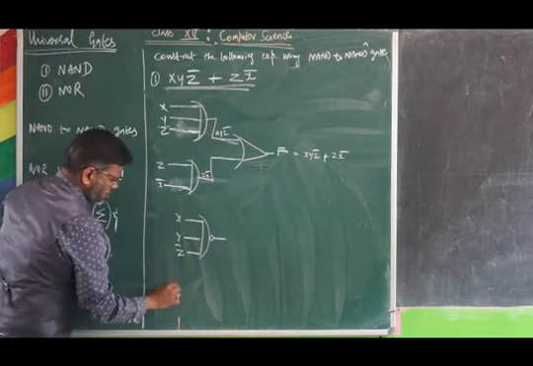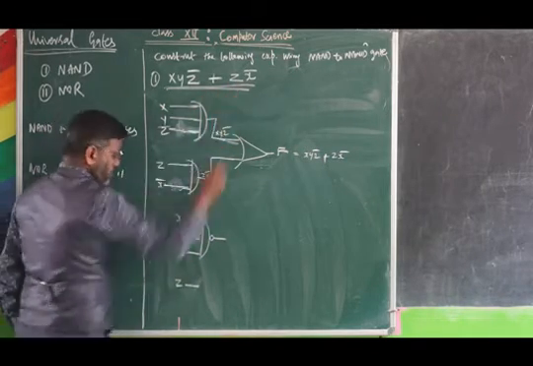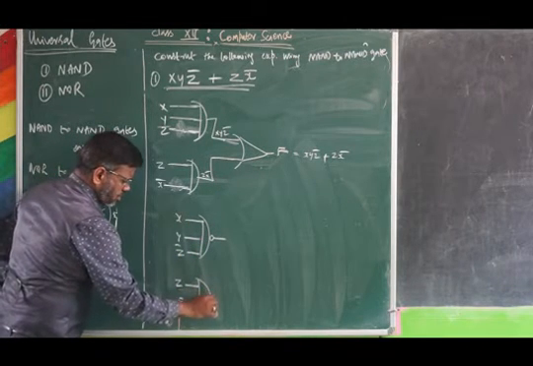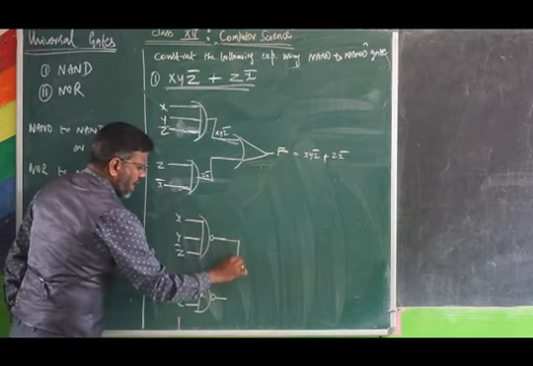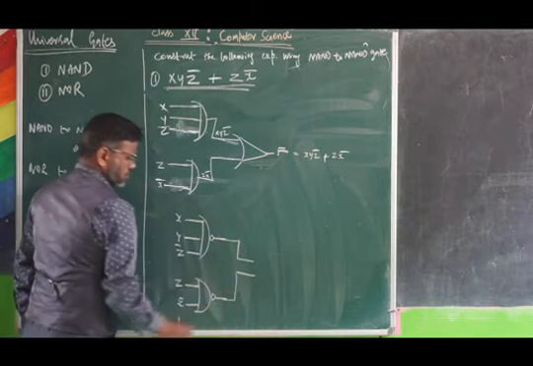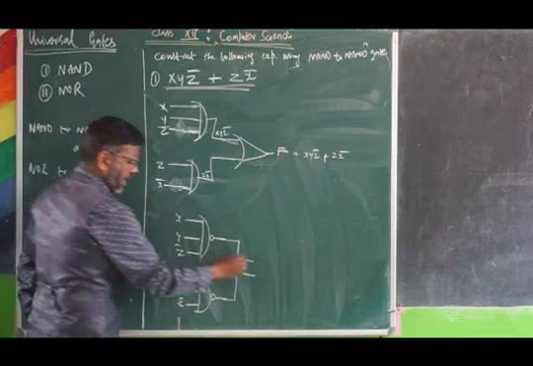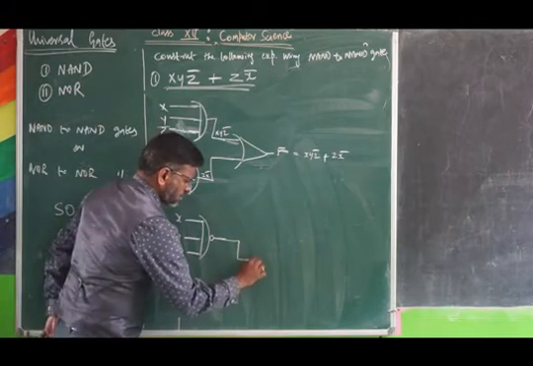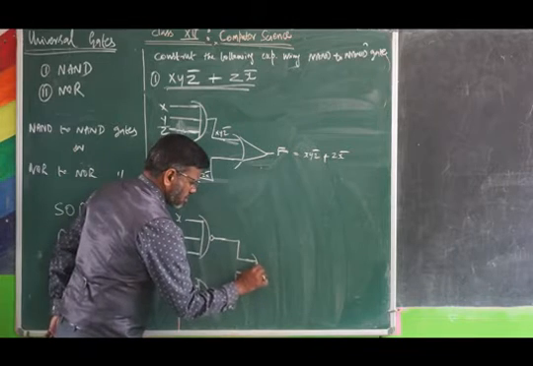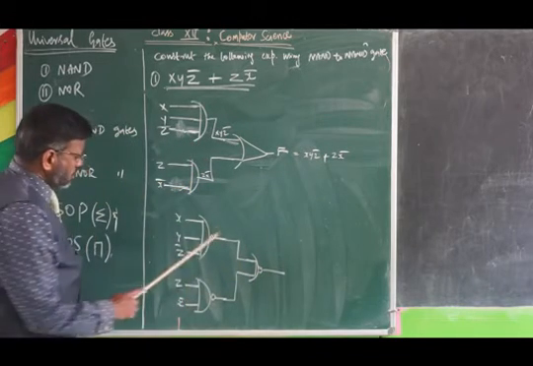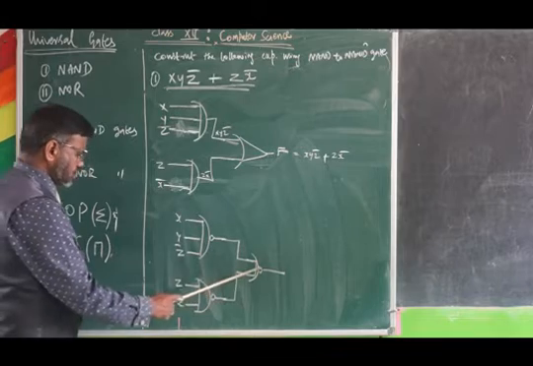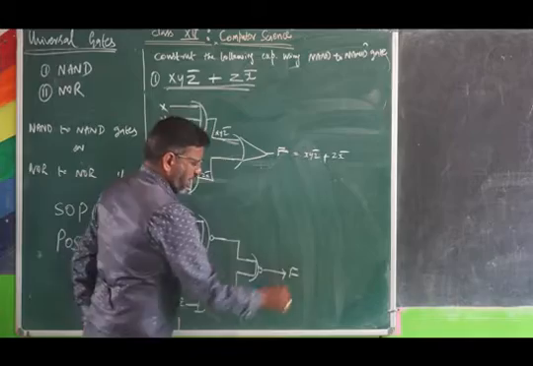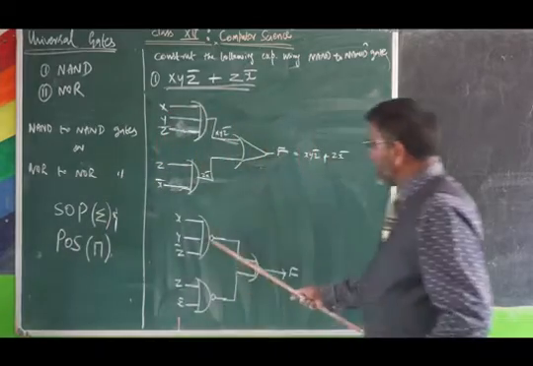Similarly, the second term is Z and X complement, also connected by a NAND gate. Then these two NAND outputs are connected by another NAND gate. What happens is you get your original function f out here. So this is NAND to NAND gate.